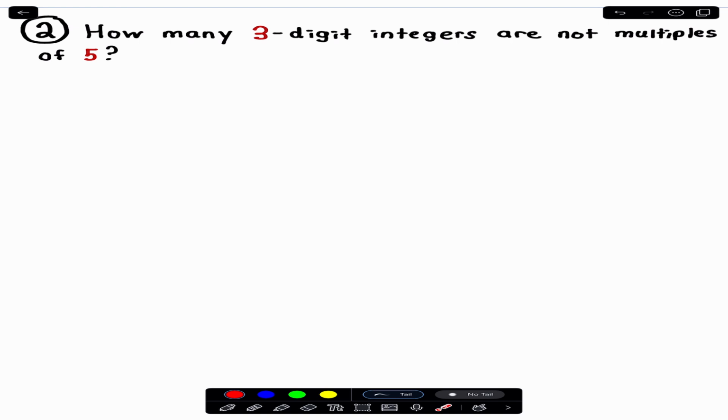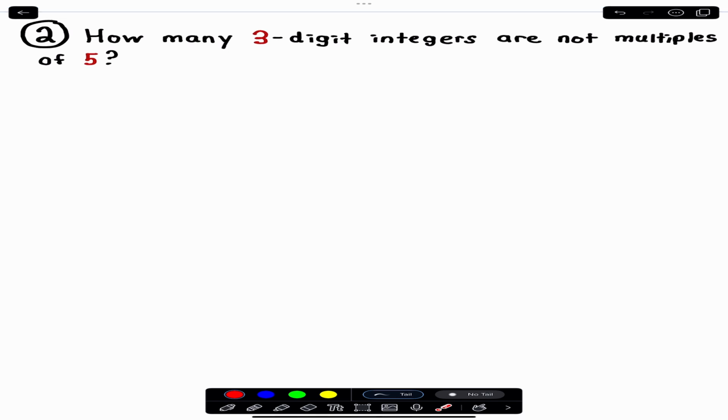So again, just by intuition, before we even do anything, we can tell that this is a very good candidate for complementary counting because we can sort of just see in our head there are a lot less multiples of 5 than there are not multiples of 5. And forget about 3-digit integers. Just look at the first 5 positive integers.